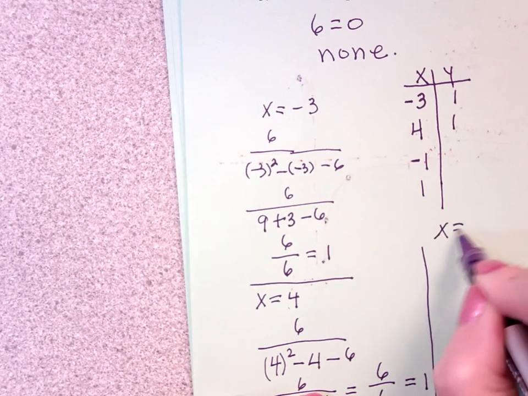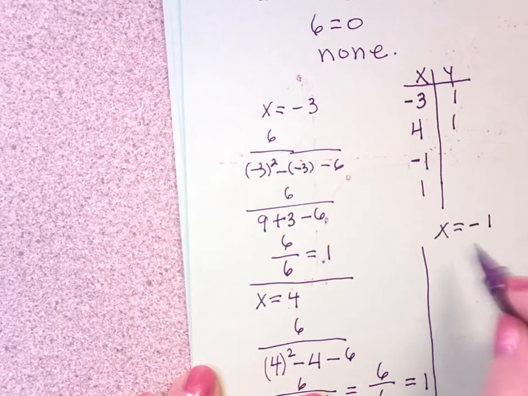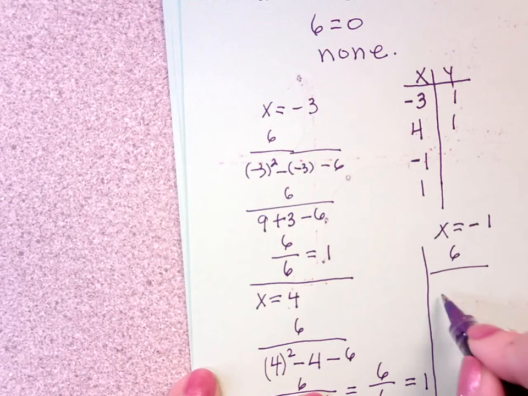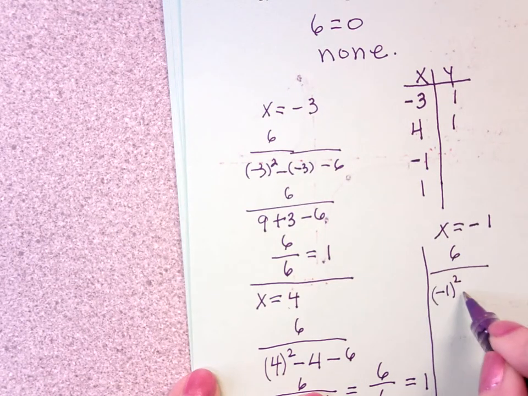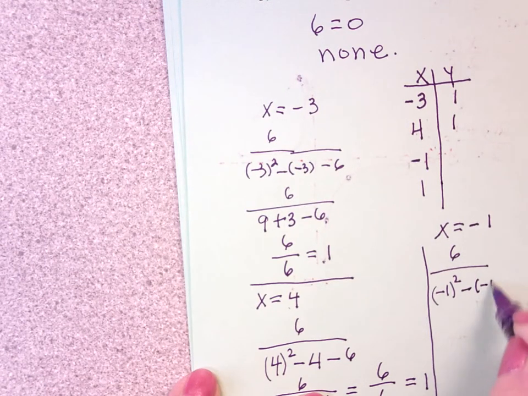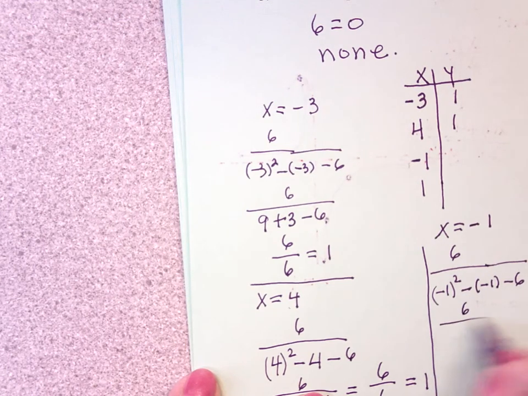If x equals negative 1, then I'll have 6 over negative 1 squared minus a negative 1 minus 6, which is 6 over 1 plus 1 minus 6, which is 6 over minus 4, which is minus 3/2.